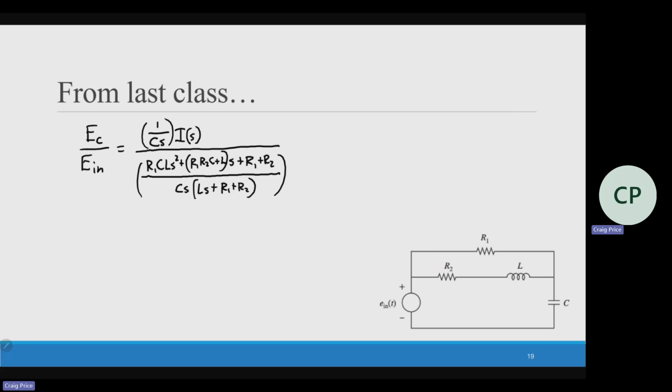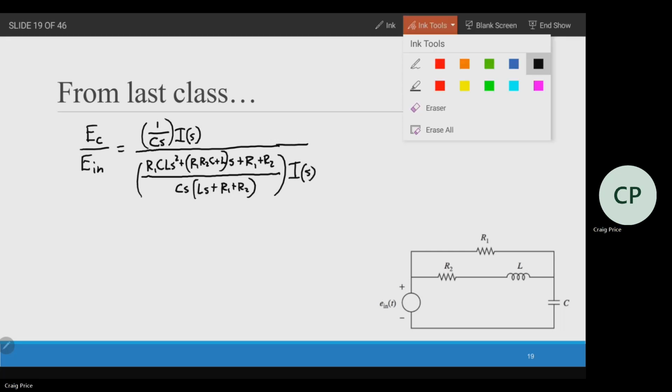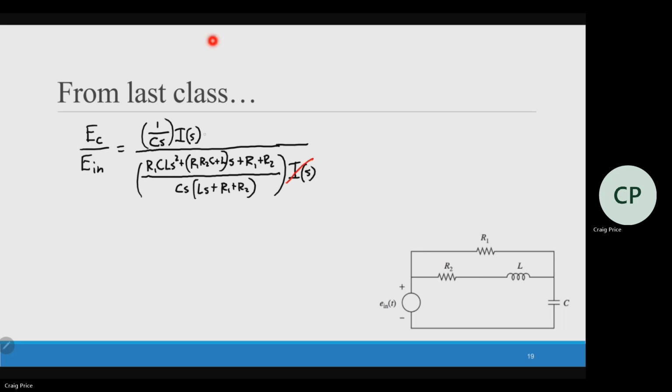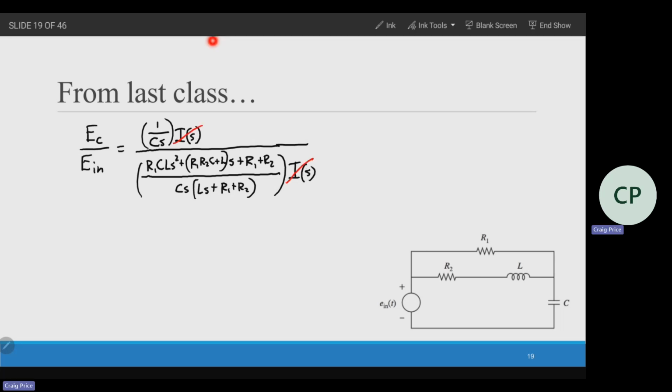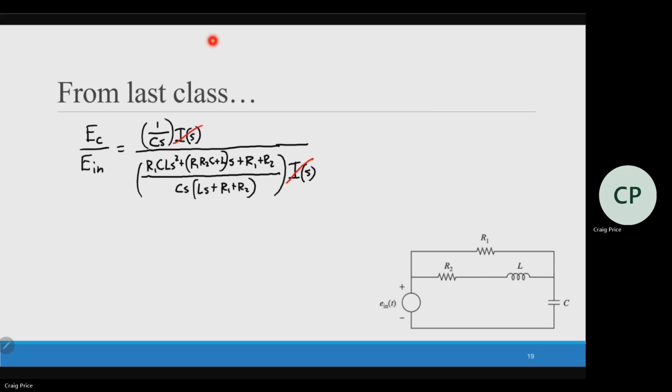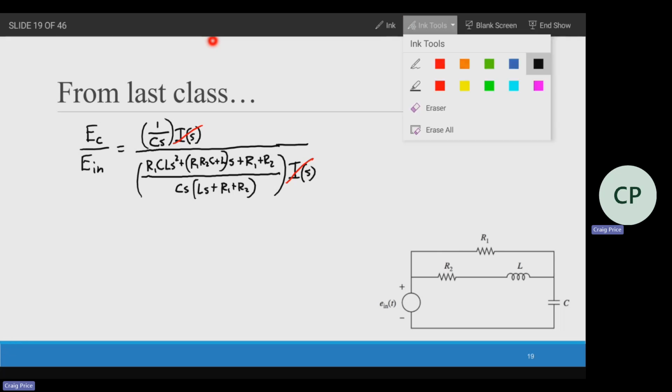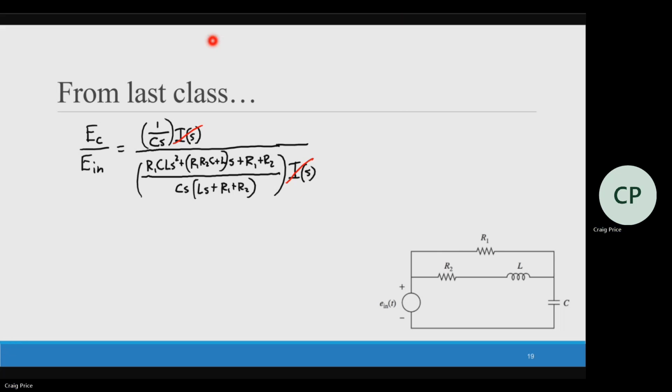Oh shoot, this also is multiplied by the current. So the currents do cancel out. Currents cancel out. And then the CS's also cancel out, so this cancels out with this when I'm dividing it.